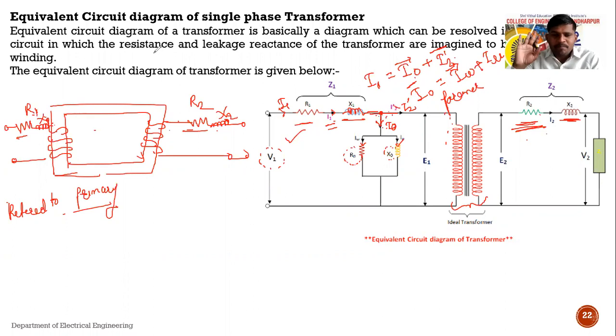That's why I am telling. I want to consider referred to primary, that means the secondary value can be transferred into primary side. While transferring secondary value into primary side, there should be the effect of transformation ratio K. Or while transferring the primary value into secondary side, there should be the effect of transformation ratio K.